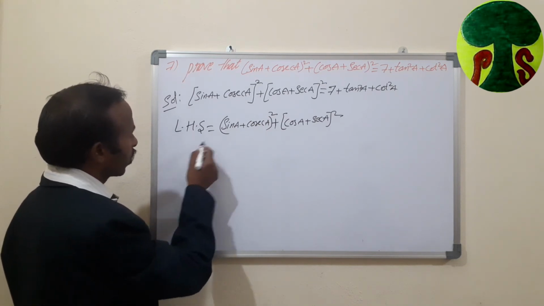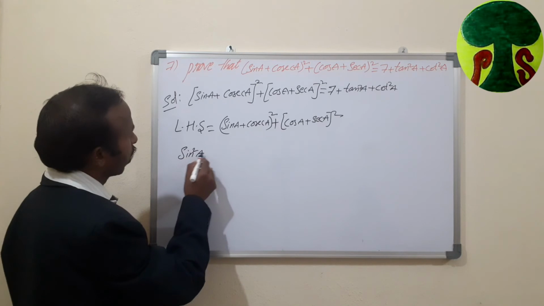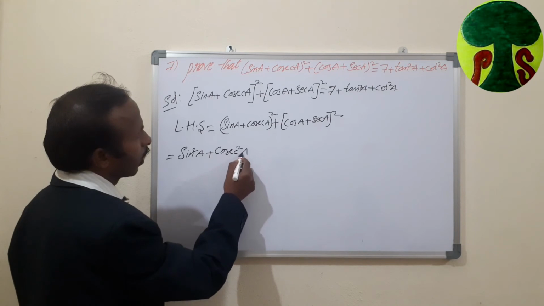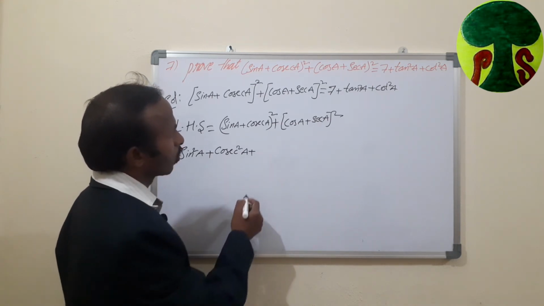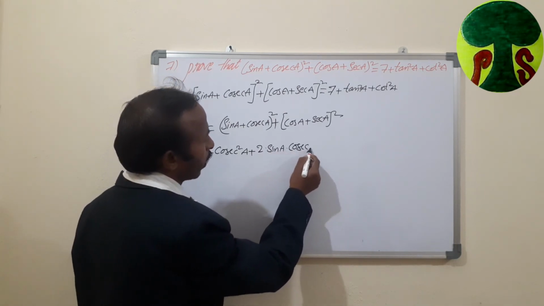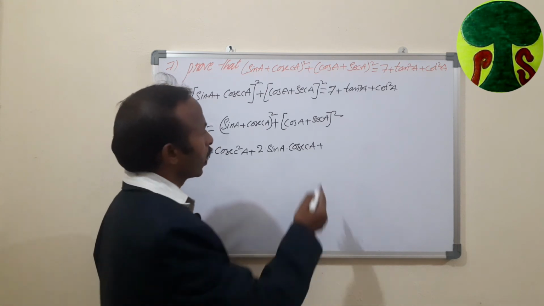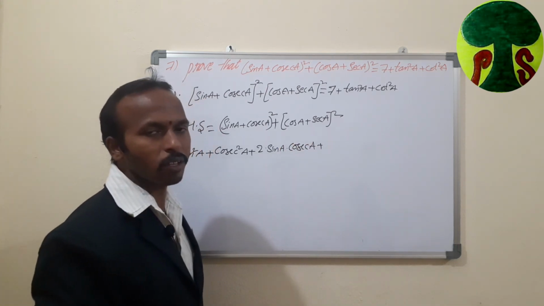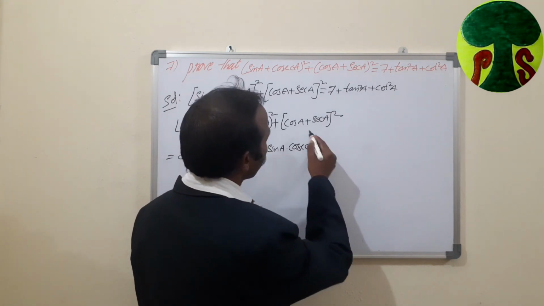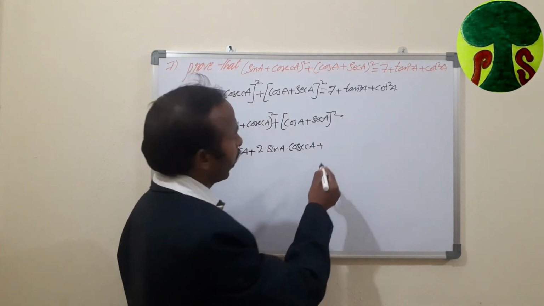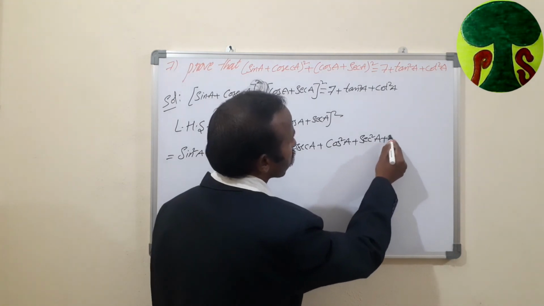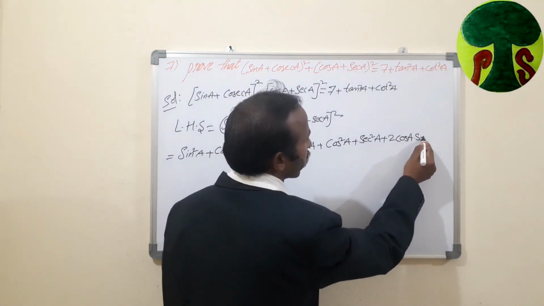So A square, which means sin square A, plus cosecant square A, plus 2 sin A into cosecant A. Then cos A plus secant A is also in the same manner of (A plus B) whole square. So A square, which means cos square A, plus secant square A plus 2 cos A into secant A.